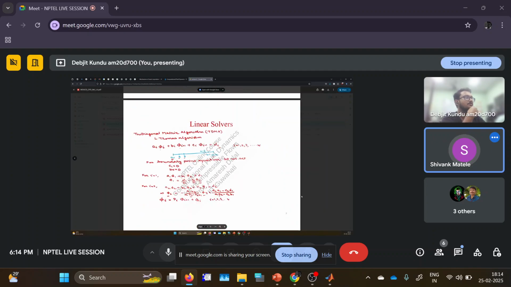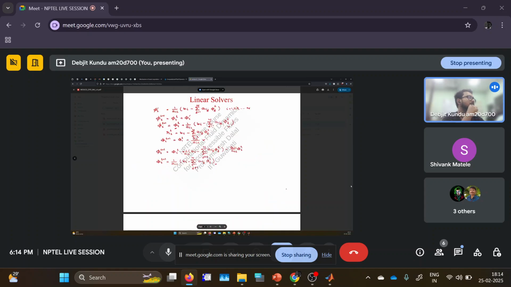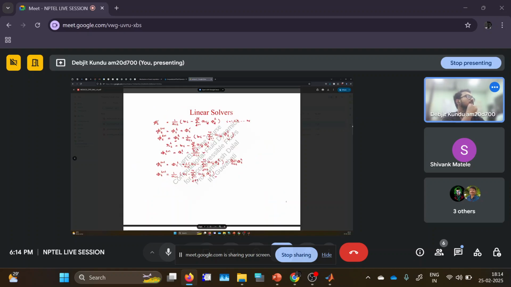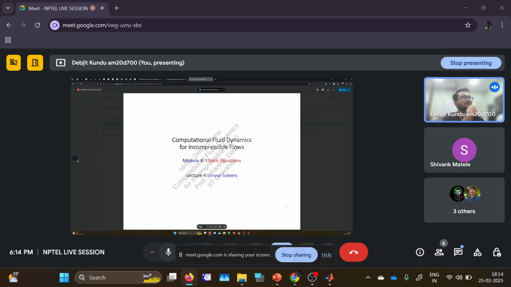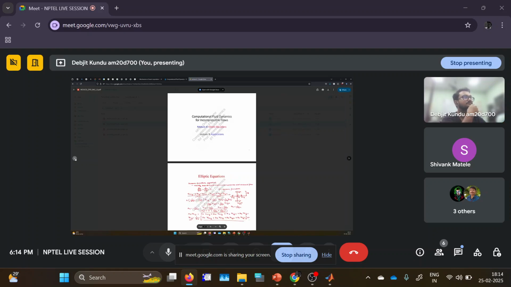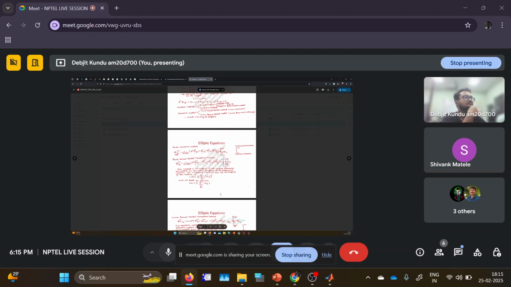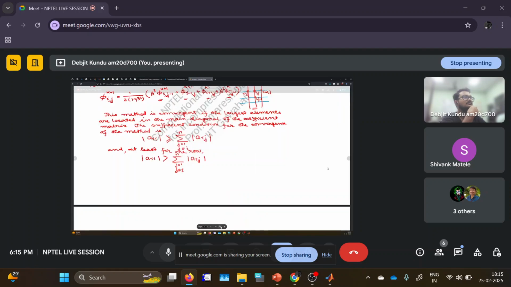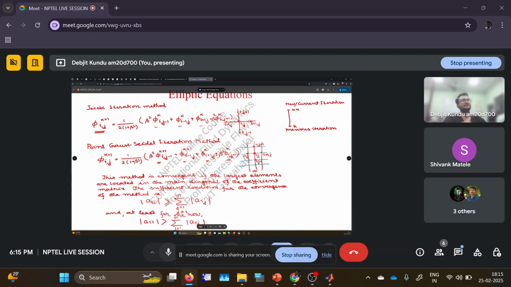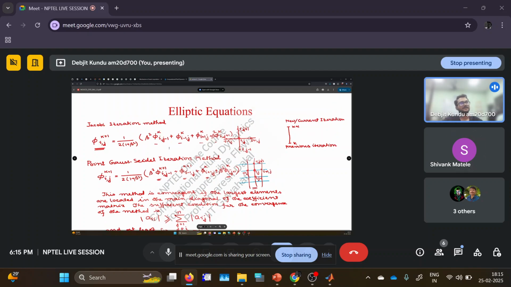So let's go back to what the Jacobi method did. Yeah, so this is what the Jacobi method does for a 2D heat diffusion or some kind of diffusion problem, right?